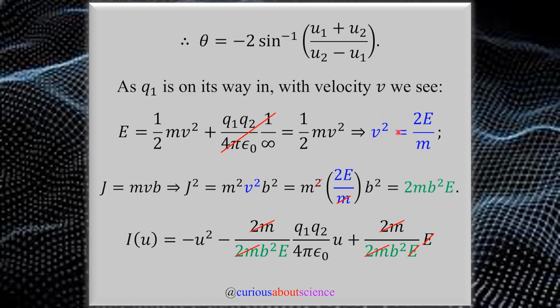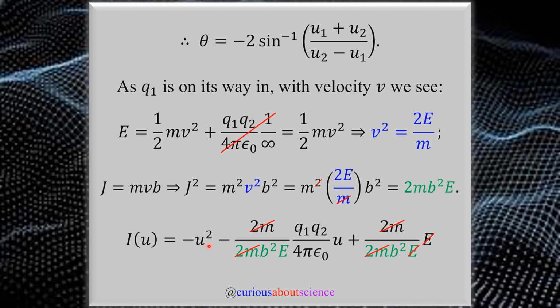But we have a v squared here, so let's square this angular momentum. Square, square, square. Now I can put in a v squared here. In doing so, m and m cancel, so one of these factors goes by, and I have a 2mb squared E.